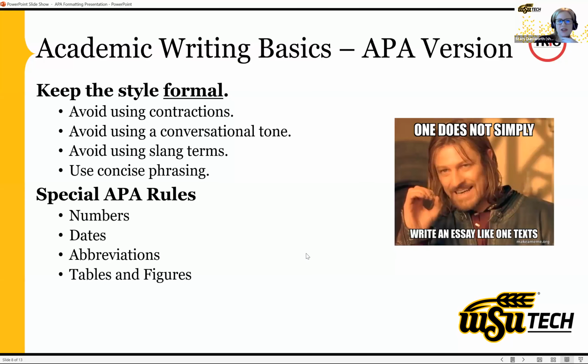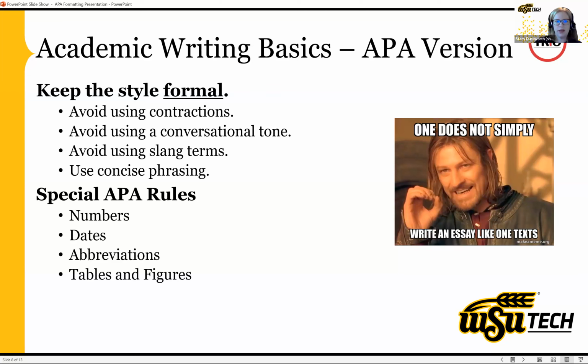Okay. Now let's just talk about some of the basics of academic writing, because again, remember, academic writing is not blog writing, it's not texting, it is not storytelling, it's just very dry, straightforward, professional, formal, okay? So when you're doing academic writing, to keep the style formal, there are a few things that will help you do this.